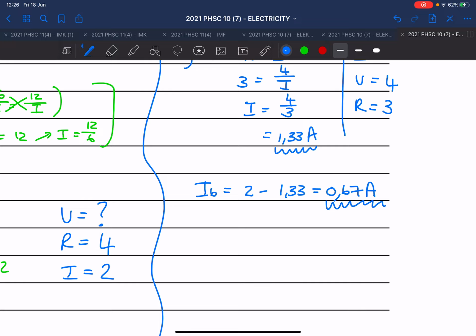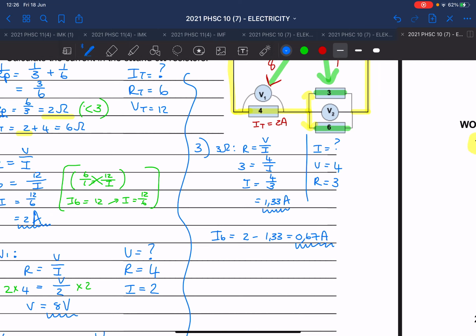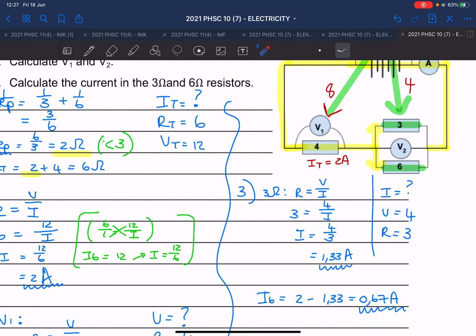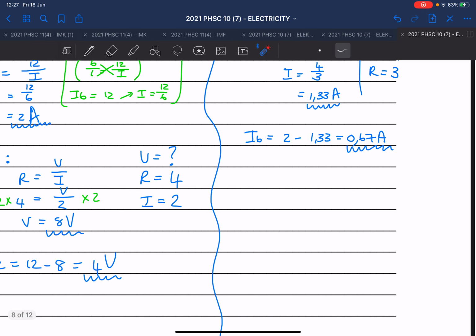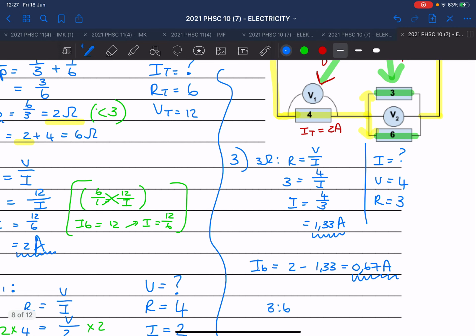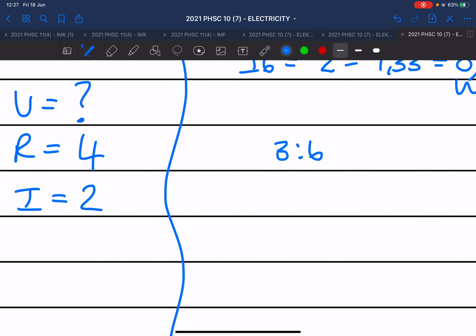Okay, now there is another way which you can calculate it, using ratios. Ratios are a bit more difficult, but sometimes that will be your only option. How ratios work is when you get 2 resistances in parallel, you say my ratio is 3 to 6, because there's 3 and there's 6. Then you add them together and get 9.